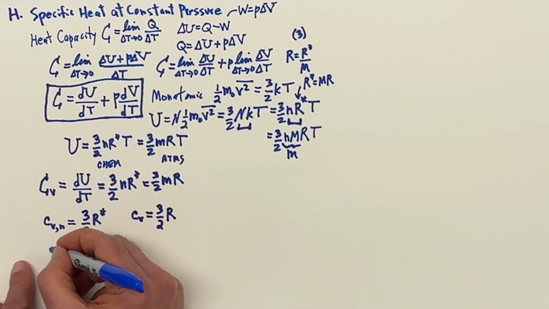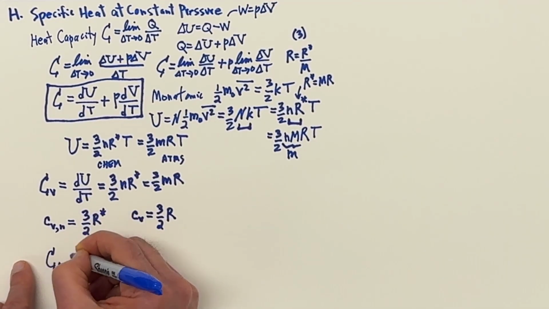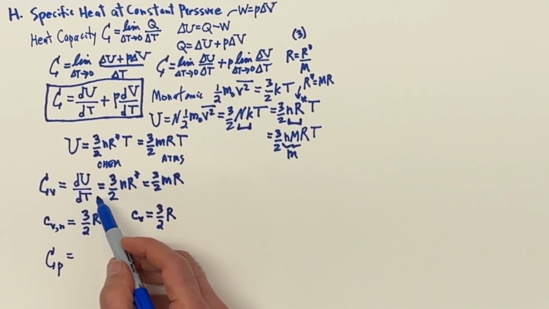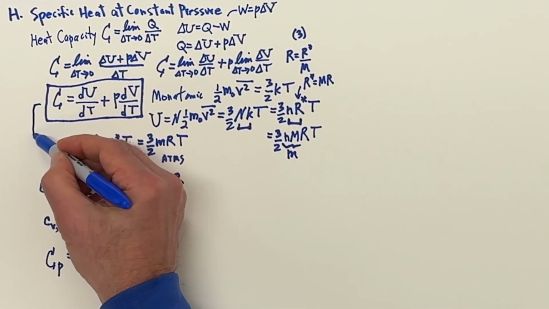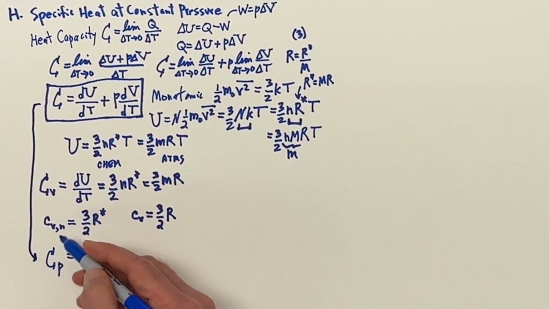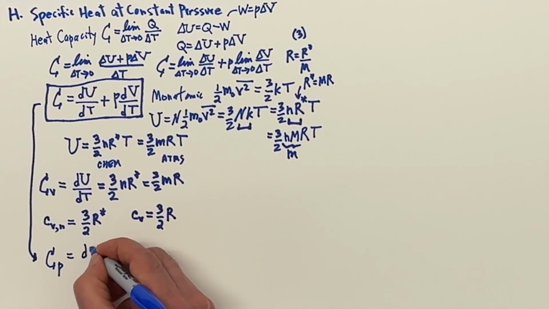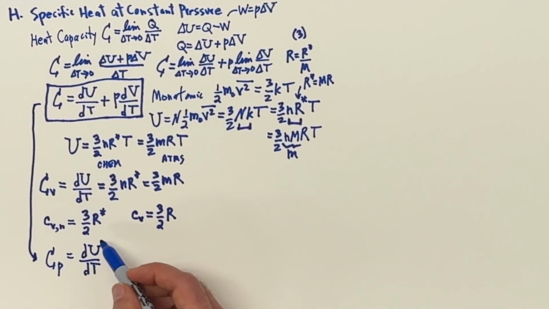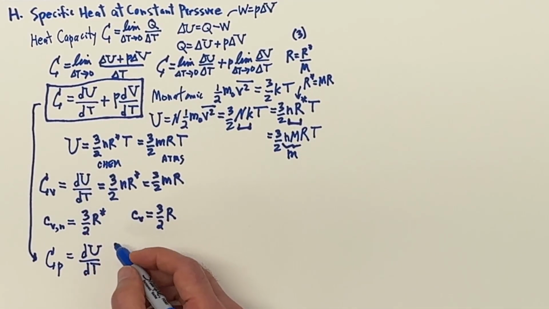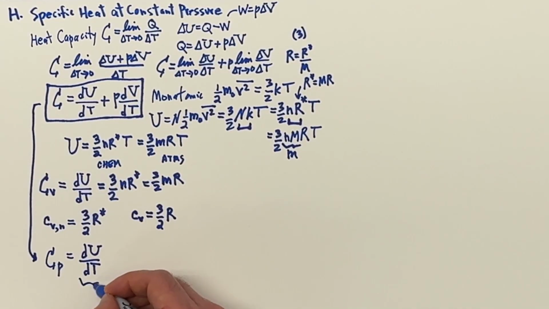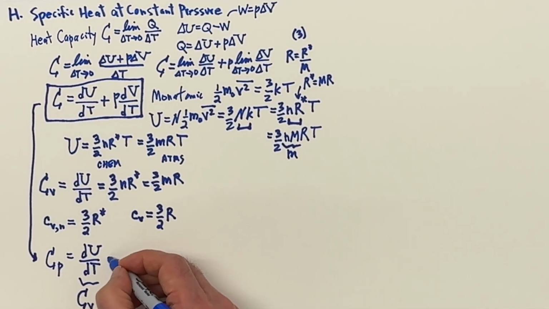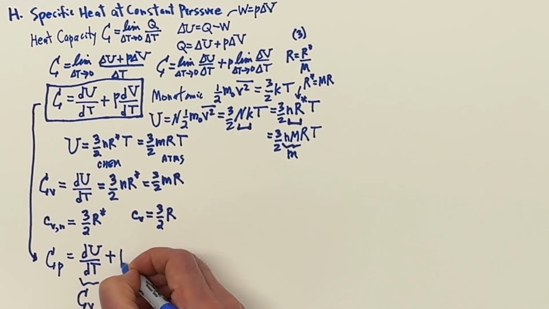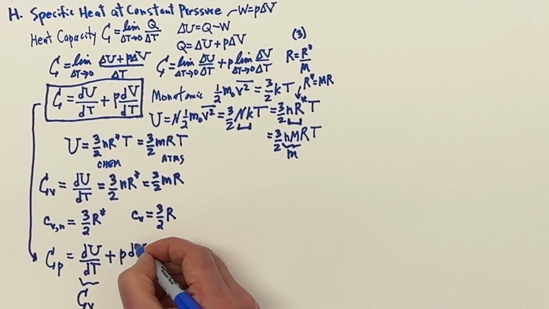Now for the constant pressure, we then go back to our general equation here, and we want du dt. Now, since the u doesn't depend on the pressure, it's the same du dt we have over here, and it's also the heat capacity at constant volume. And then I have to add, though, the plus P dV dt.